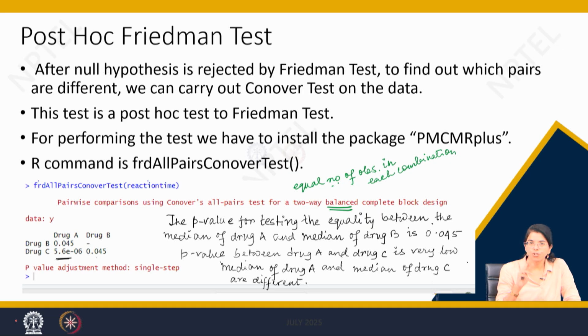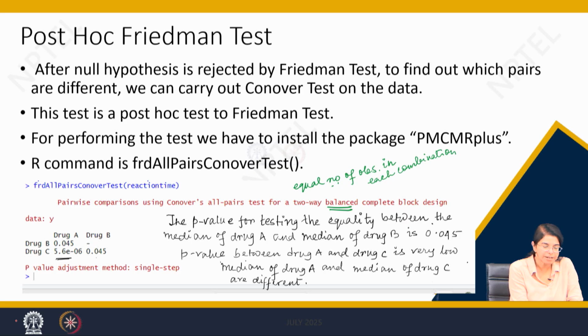Now, how many drugs are there? There are 3 drugs. So, how many pairwise comparisons can one make? Drug A, drug B, that is one pair. Drug A, drug C, another pair, and drug B, drug C, the third pair. So, 3 pairs you need to compare. Now just have a look over this. In this you will have drug A and drug B. These are all the p-values. The p-value is 0.045. If you are setting your adjustment at 0.01, then you will see that this is greater than 0.01.